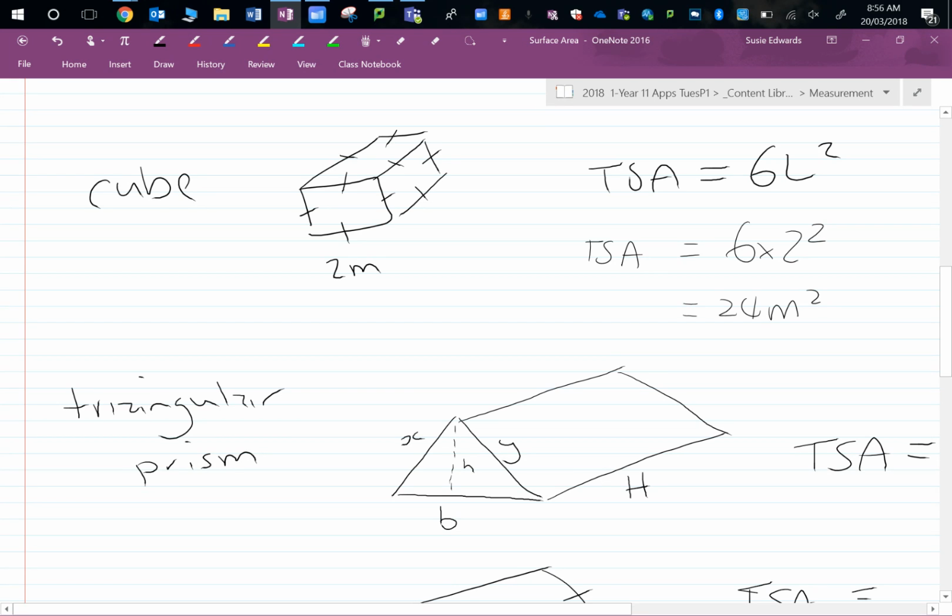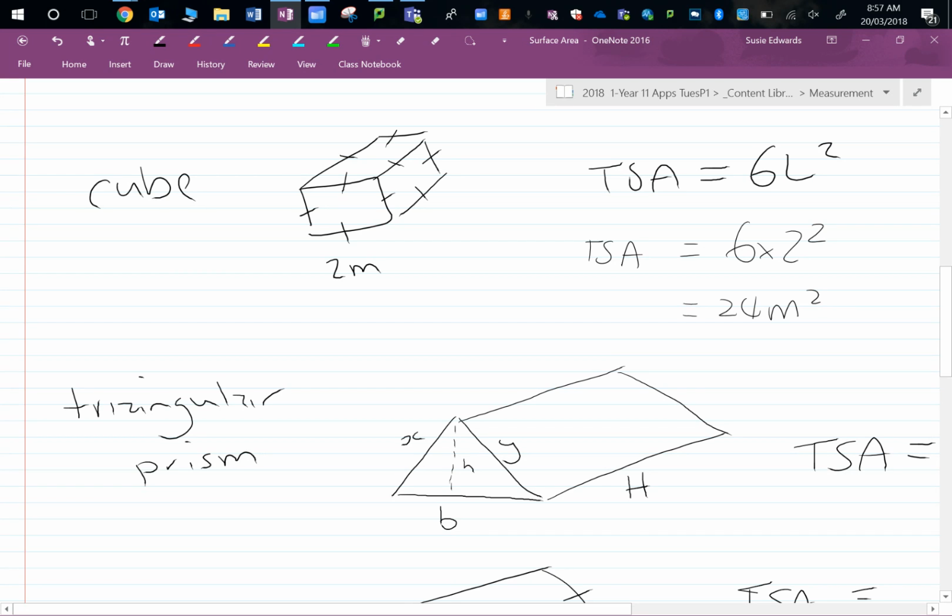So I've got base and height still, so you can find the base and the height for the area of the triangle, but we also need to know x and y. Often, given that we've done Pythagoras, they might get you to use your height and maybe half the distance to find one of those slant lengths. So it's expected that you're always using Pythagoras in these sort of questions. There's a reason why we did Pythagoras first.